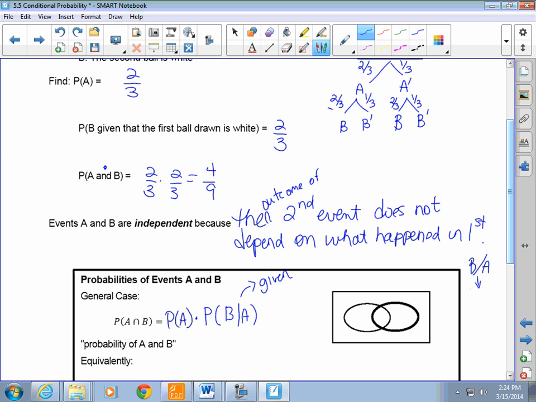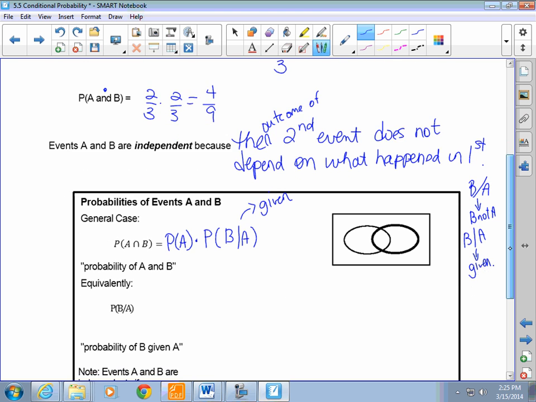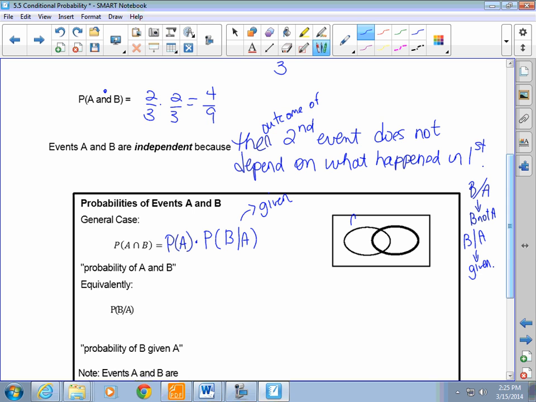So this is B not A, and this is B given A. So you just have to watch what you're doing there, because one is slanted and one is straight up and down. So this would be A happening, this would be B happening.